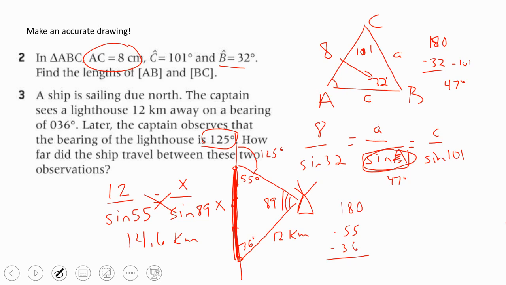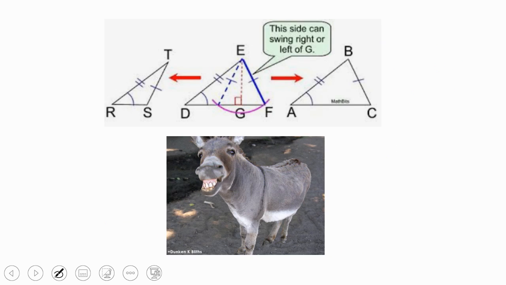One thing that occasionally comes up as you go more in depth here, we don't do it as much in this course, is when you're given a side and an angle, there is potential for two different triangles based on the angle and the given information.